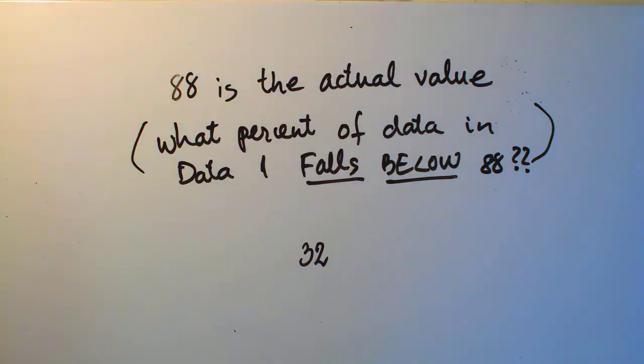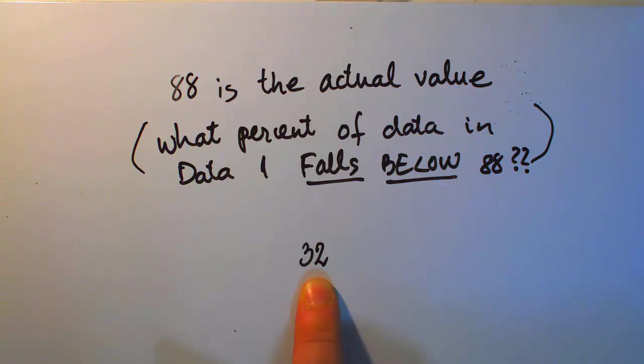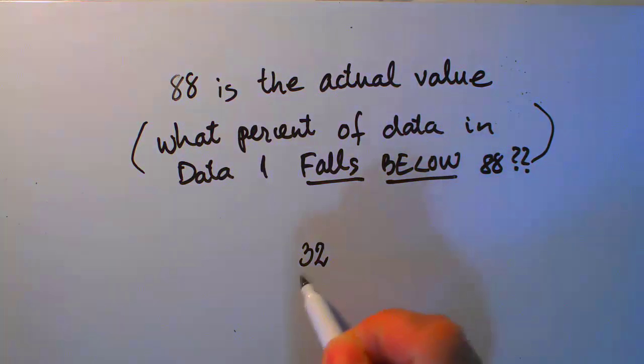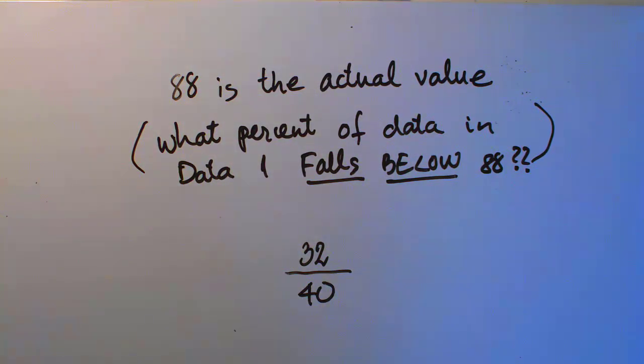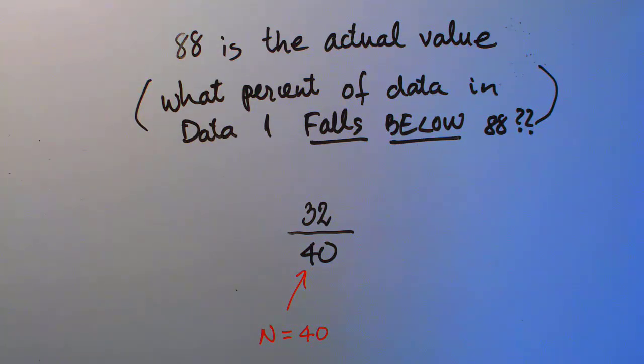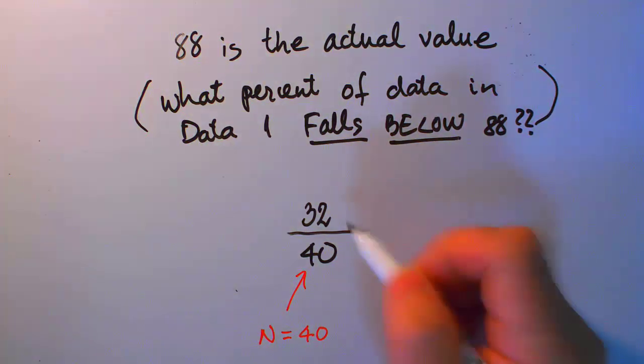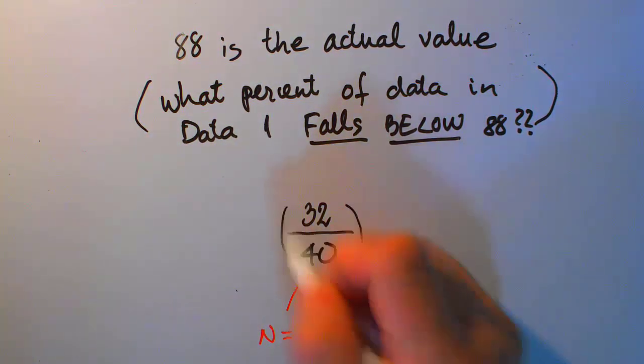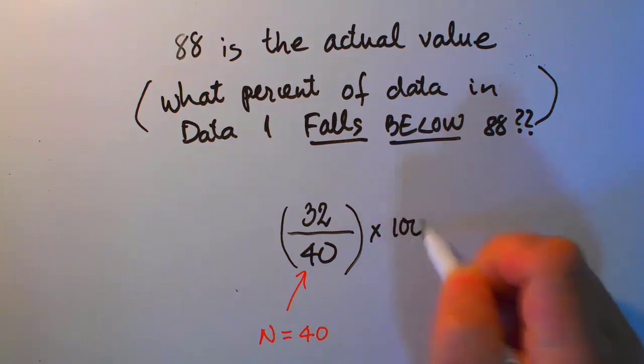Now all we need to do is simply put this into a percentage. My data 1 has n equal to 40. I need to remind everybody again that 40 is the n number in your data 1. And therefore, to find a percentage, 32 out of 40, and we multiply that by 100%.